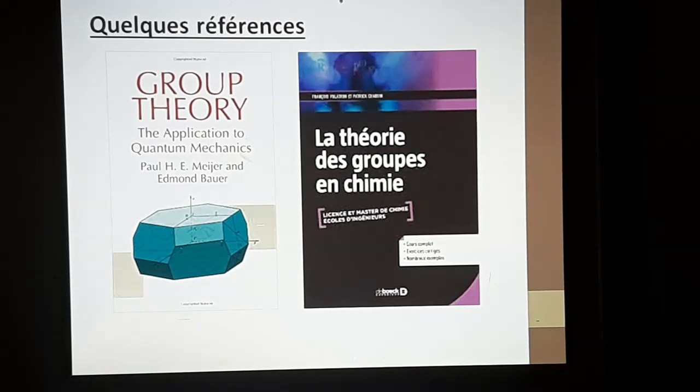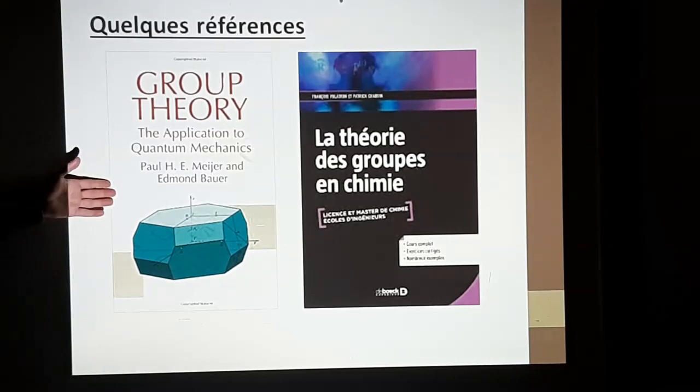Now, a few references. There are several books about group theory. There are books that are more mathematical, and there are books that are more about physics and books that are more about chemistry.